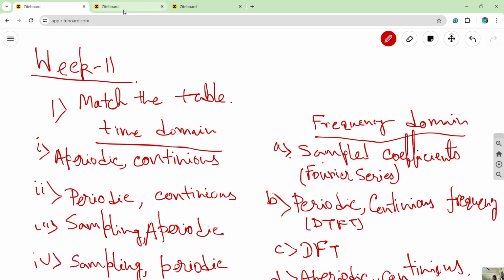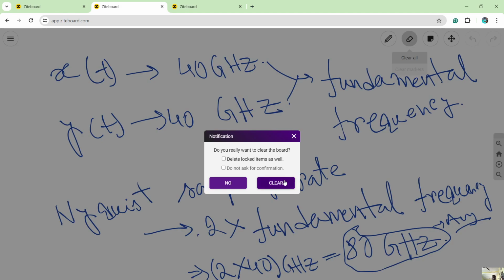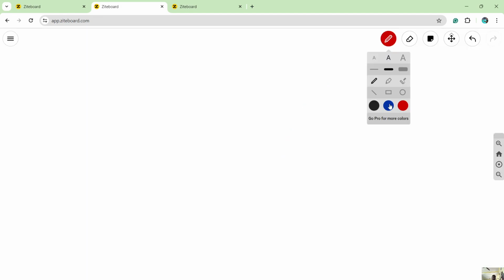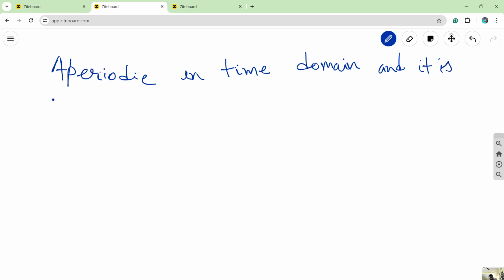So let me discuss it. I think that is aperiodic in time domain and it is continuous.